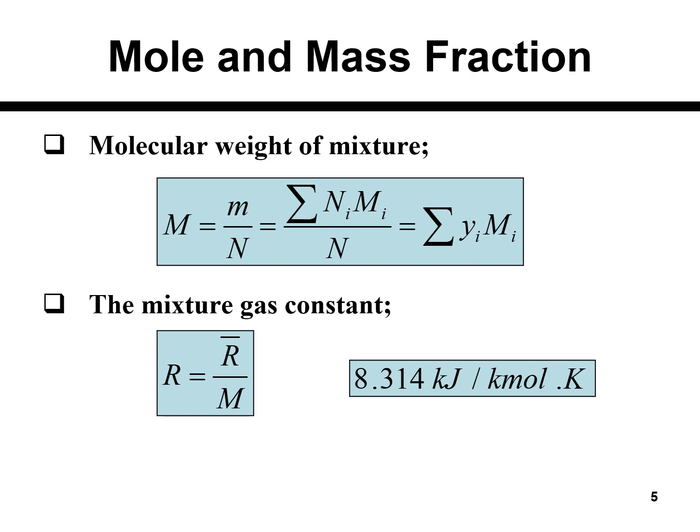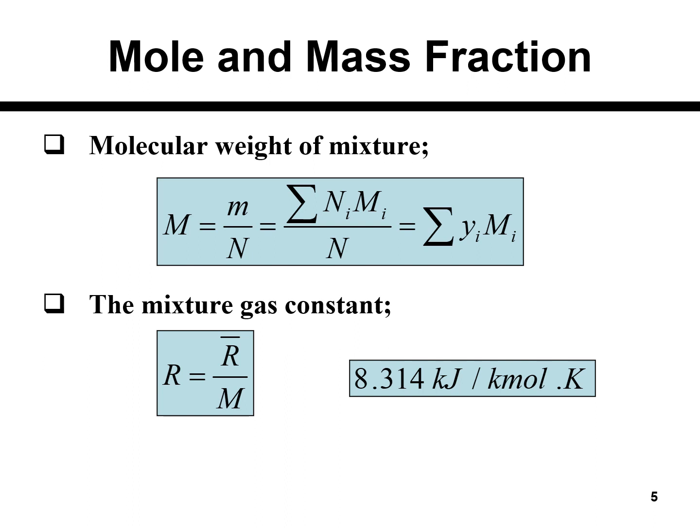Thus the molecular weight of the mixture can be calculated from this correlation: the sum of the molecular mass times the number of moles, divided by the number of moles of the mixture.